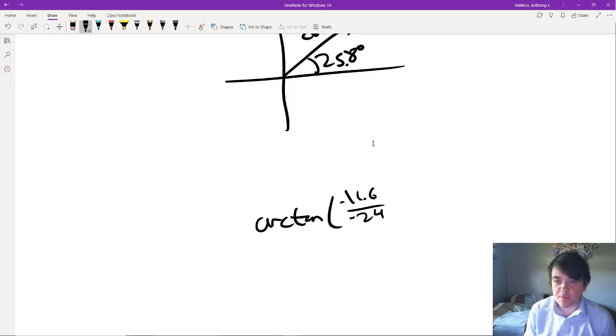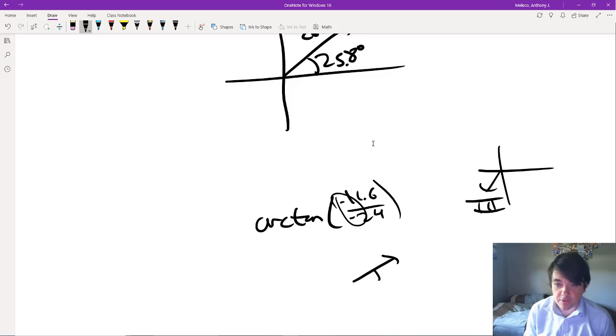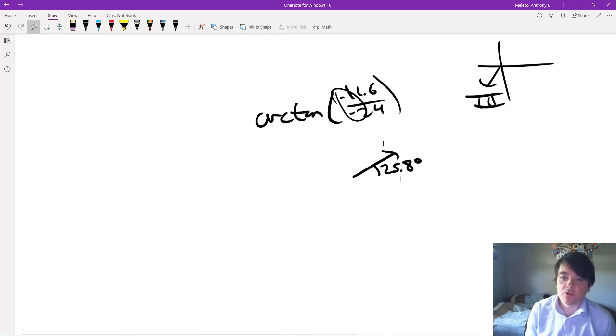But if these were both negative, in other words, if these all lied in the third quadrant, then this would yield a positive, and we would still get 25.8 degrees. But what that means is that you just need to add 180 to get the final vector, because this is also 25.8 degrees.